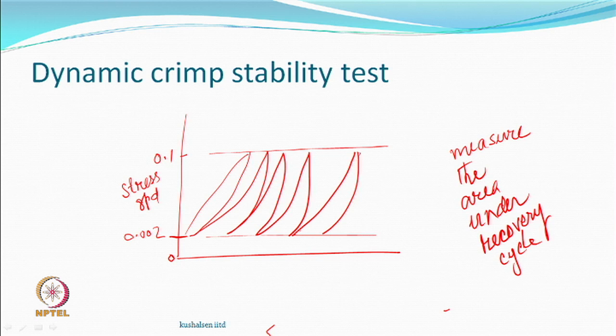You measure the area under the recovery curve in each cycle, right. So, you may start with cycle 1 and let us say you go up to cycle 5, sometimes people may go to cycle 6. So, for recovery, you are measuring the area, which means the energy.